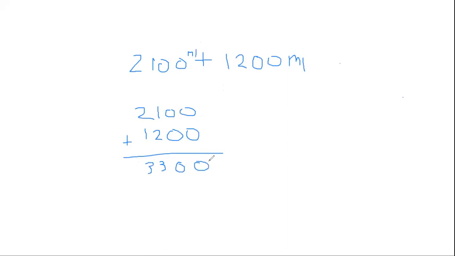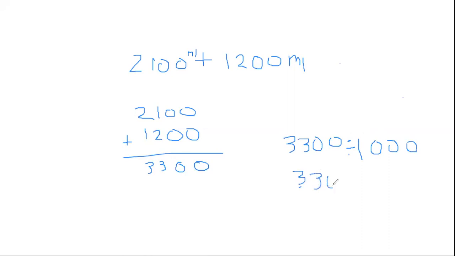Then I just convert this. I divide this by 1,000. I take 3,300 and then I divide it by 1,000. Then I do that nice trick of ours, where I write it out for us.